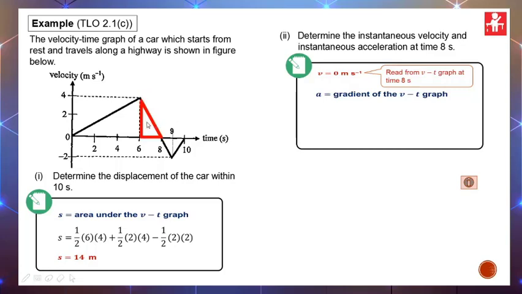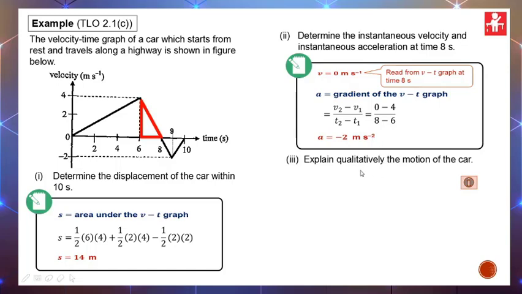So, you can get the gradient of the graph over here to get the instantaneous acceleration. By choosing V2 = 0, V1 = 4, T2 = 8, T1 = 6, you substitute all the values and get the acceleration as negative 2 meters per second squared. So, the car is decelerating.